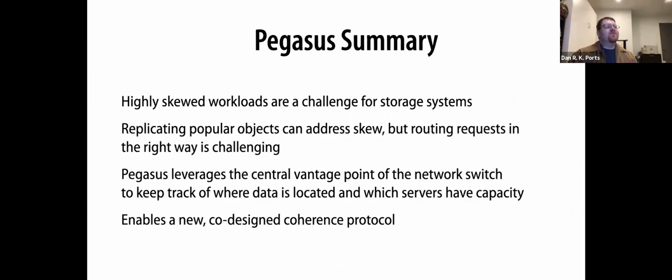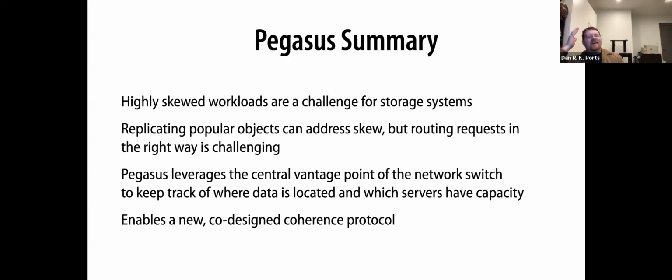All right, that was pretty brief, but let me summarize. Here we're seeing how in-network computation can help us with a different type of challenge, dealing with object placement for highly skewed workloads.